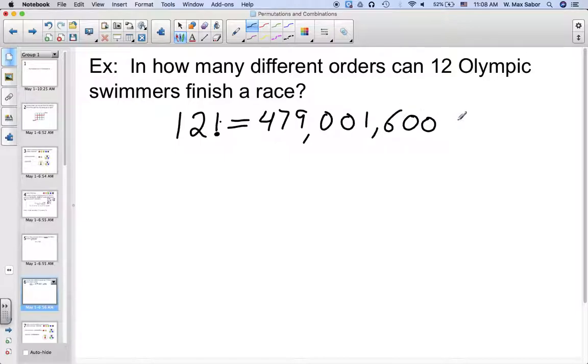There are millions of different ways that you could reorder just 12 things. You can imagine how big this becomes. This is because what the calculator is doing is 12 times 11 times 10 times 9 times 8, all the way down to times 2 times 1.